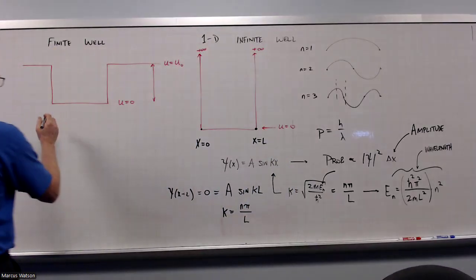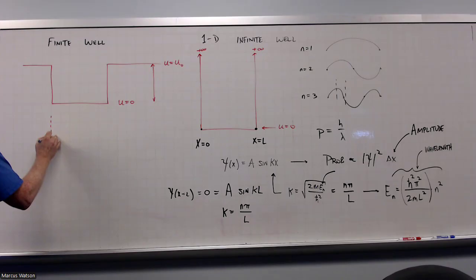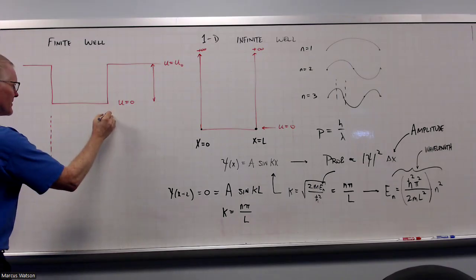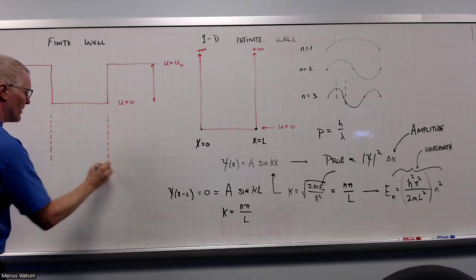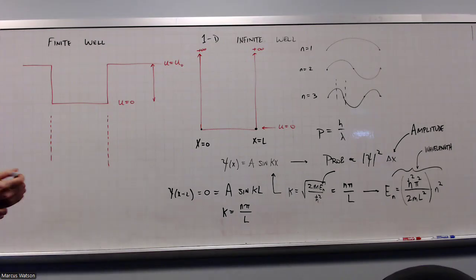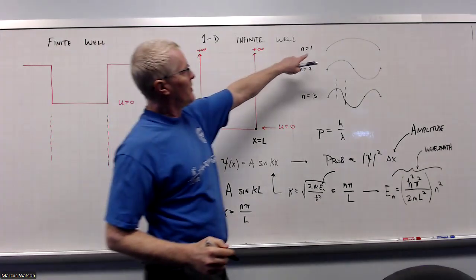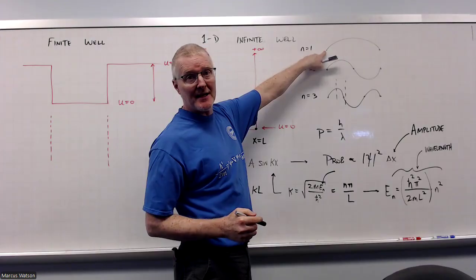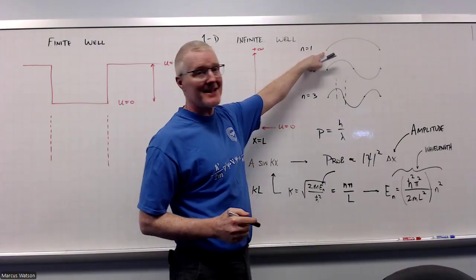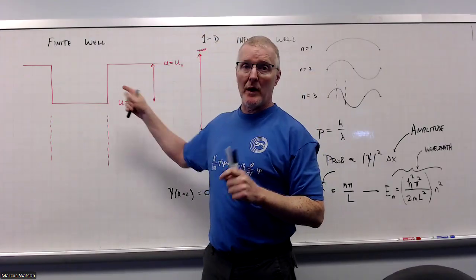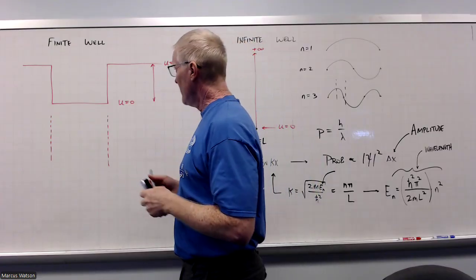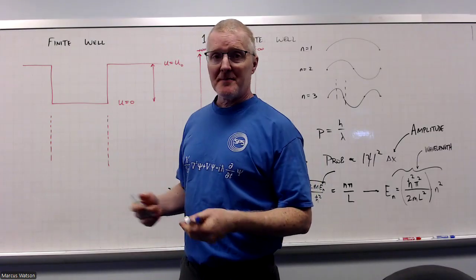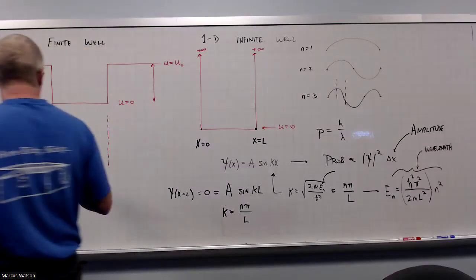So when you look at the first state, if I just extend this down here so I can draw some wave functions for you, if I examine what is going to be the ground state, what's going to be the analogy to this in the finite well case? I could show you this mathematically, but it doesn't really matter quite so much.